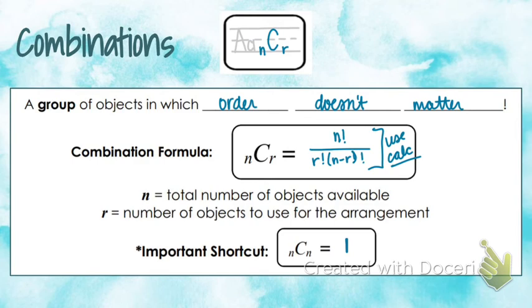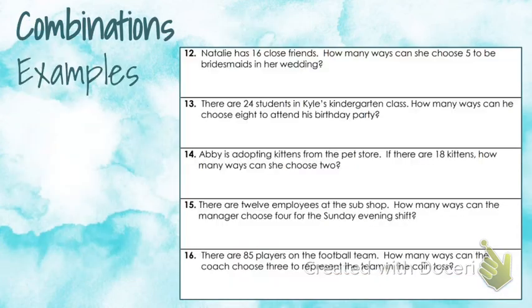Well, it doesn't matter what order I put the dogs in because I have 3 spots and I don't care who sits where. But I can only choose one group of 3 dogs from a group of 3 dogs. There's no way to redo that. So anytime you have NCN, it's just going to equal 1.